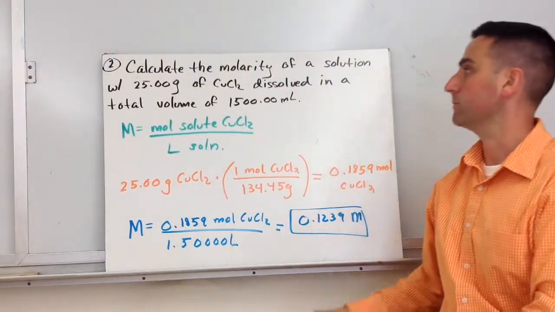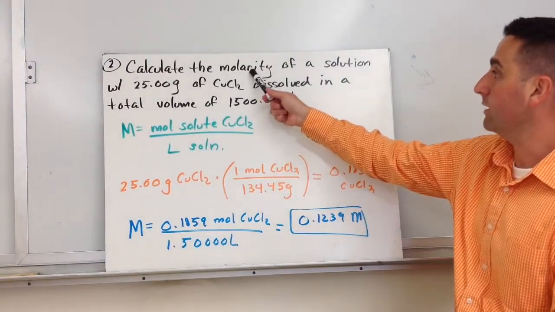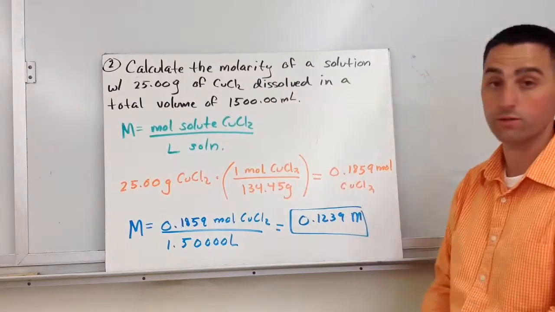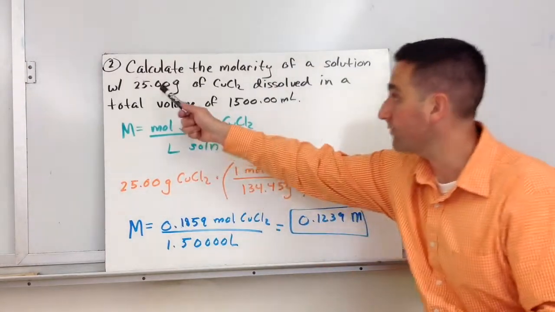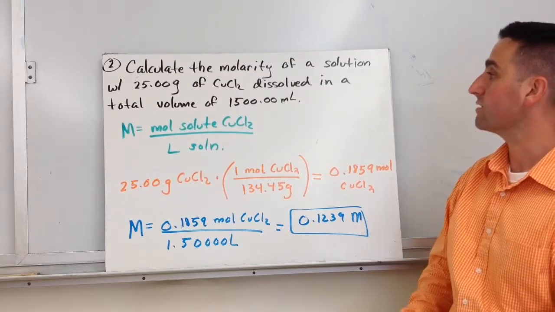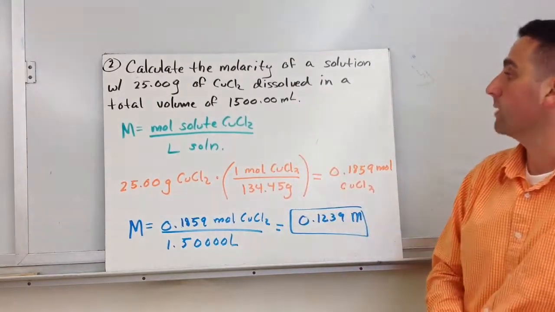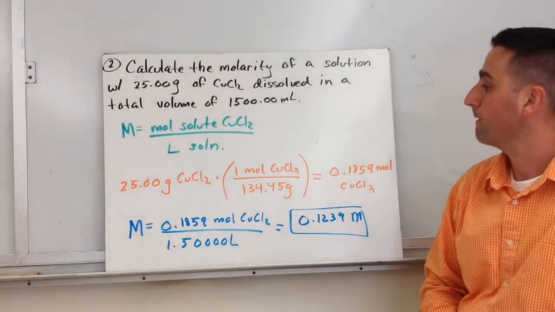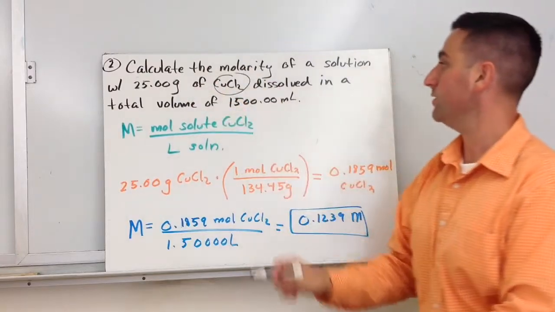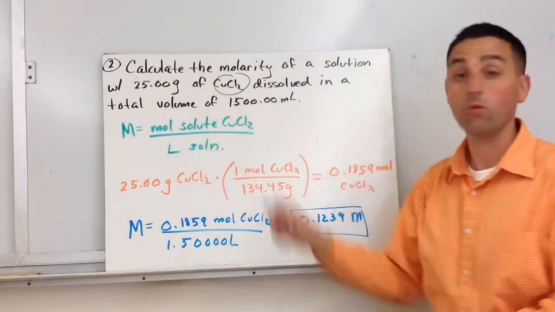So here's a problem to kind of see this in practice. Calculate the molarity, which is defined as moles of solute per liter of solution, if you have 25 grams of copper 2 chloride dissolved in a total volume of 1,500 milliliters. Okay. So here's our solute, CuCl2, and I need to get that to moles, right, from grams to moles.